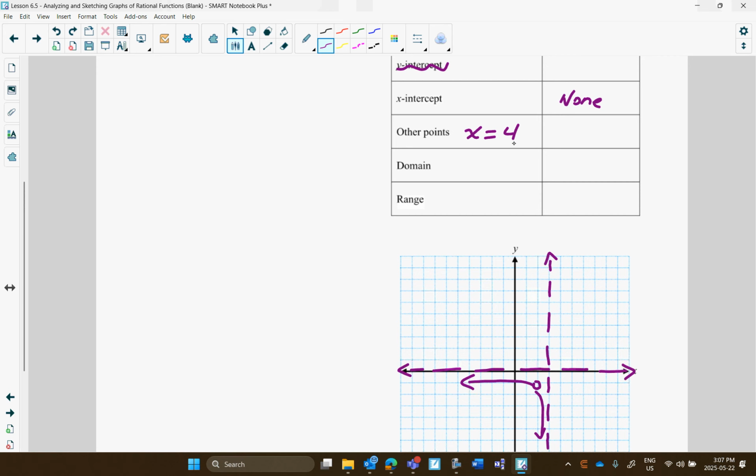Just do 1 after the asymptote. And so we end up with y equals 1 over 4 minus 3, right? Which is 1. So therefore, 4, 1 is a point, and it takes the same curve shape. There's our graph.